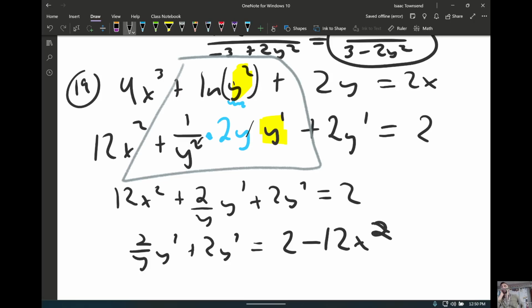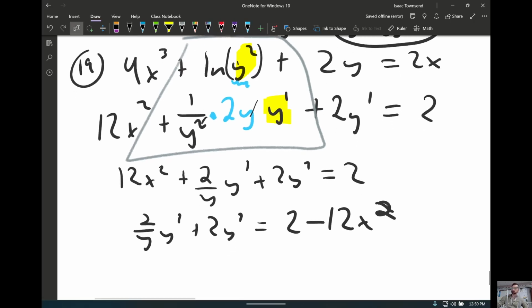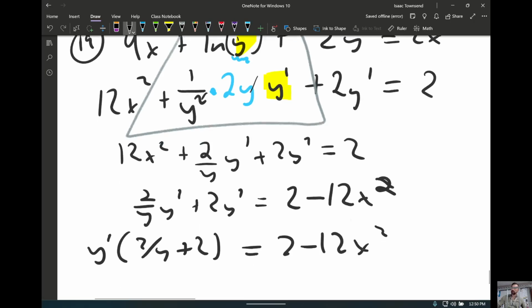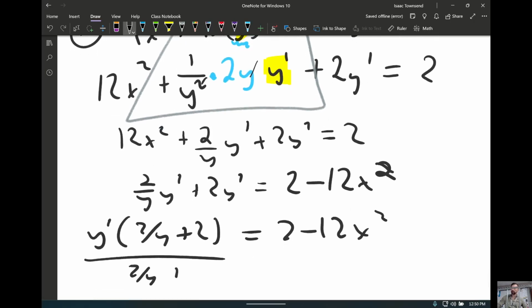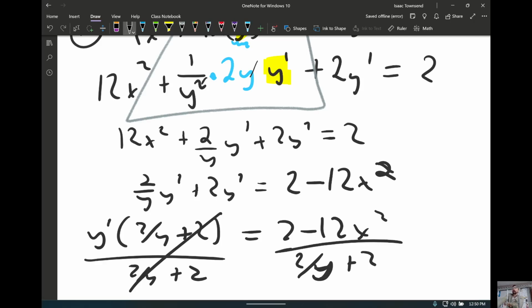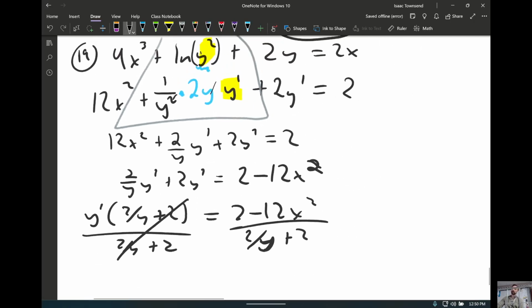Looks like if you isolate the y primes, it looks something like that. And then you can factor out, undo times with divide, and then we should be close. Now, just like a question or two ago, I know there's no point in me even looking at the answer yet, because I know there's no way this is as simplified as they're going to make it.